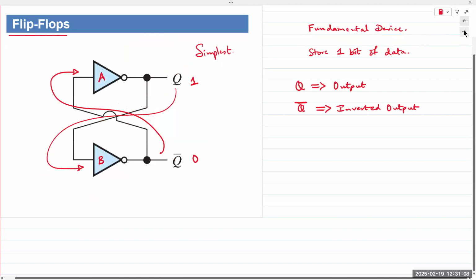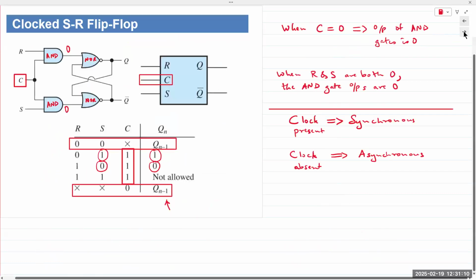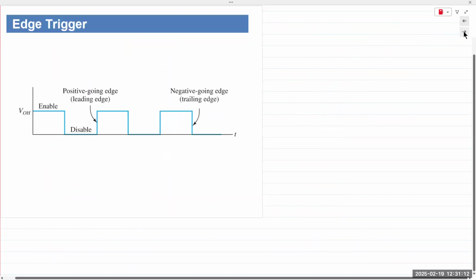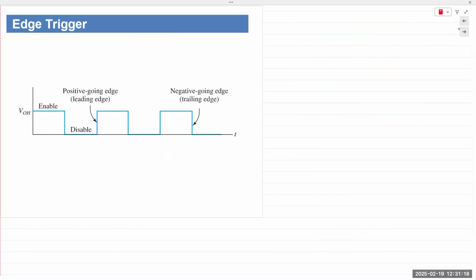And so what was developed was the edge trigger circuit, meaning the circuits would not respond to just the high or the low level of a clock signal, but instead they would respond to a rising or a falling edge.